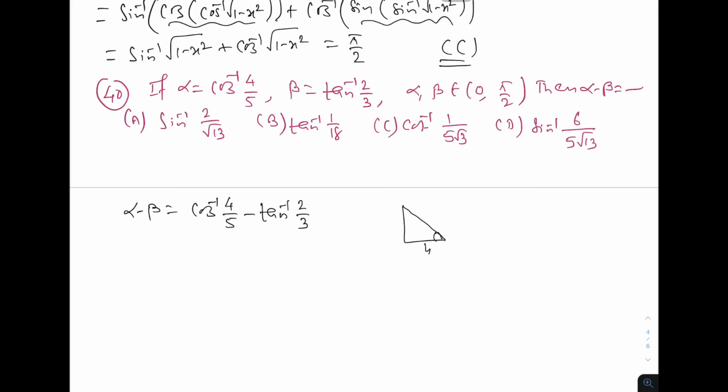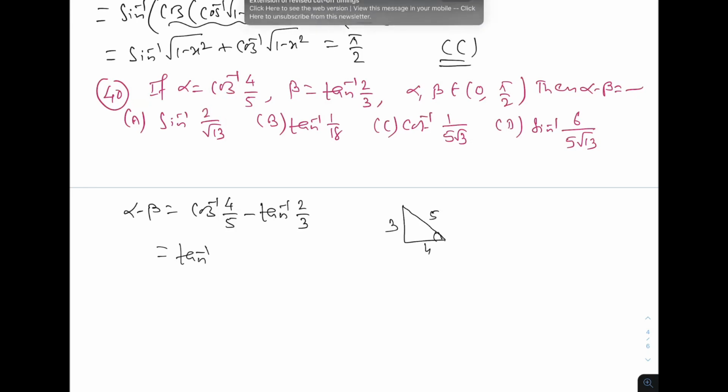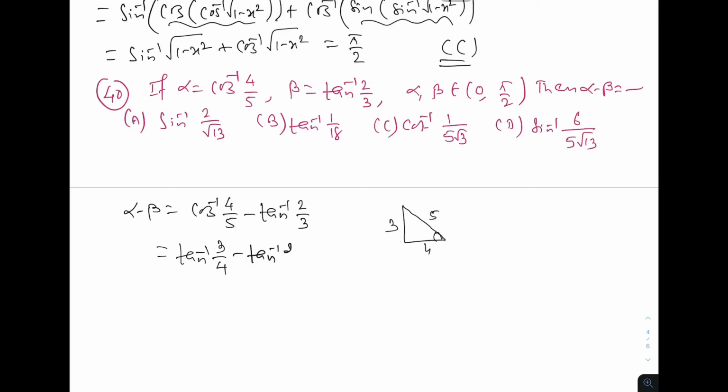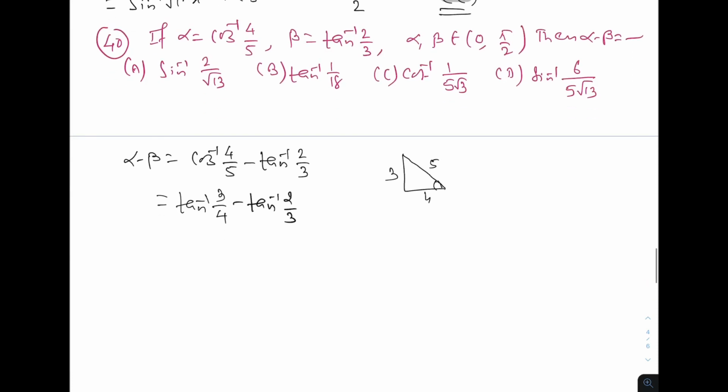So tan inverse 3 by 4 minus tan inverse 2 by 3, and this formula we know, tan inverse x minus tan inverse y equal to tan inverse of x minus y upon 1 plus xy.